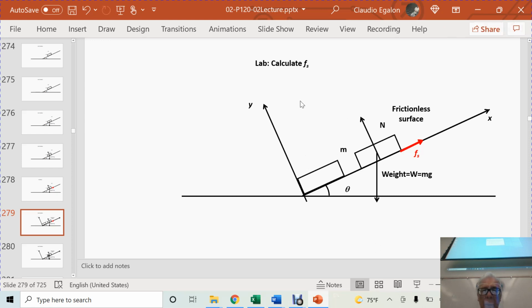Is that perpendicular? Let's see if it's perpendicular. It's a little bit off. Okay, now it should be perpendicular. Okay. X and Y axis.